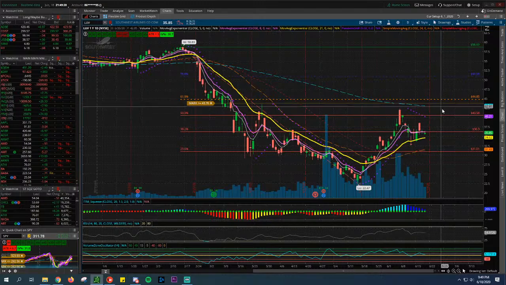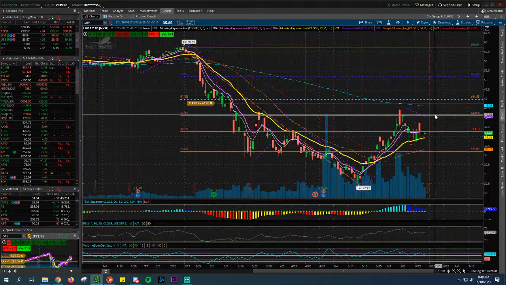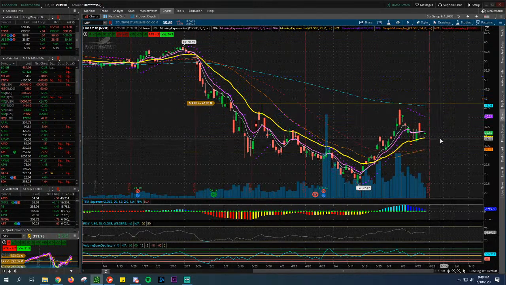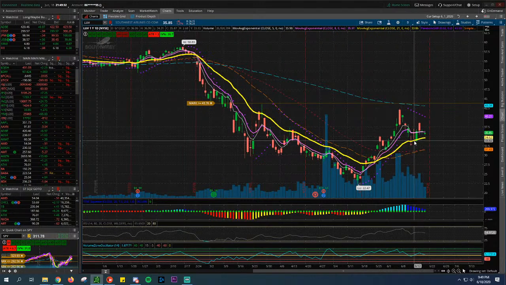That's potentially some really strong overhead resistance, even with the 50% at the 40 to 41 level as overhead resistance. For downward support, the 21 has been holding fairly well. Not to the T, because you see the tick going through it with the wick, but the 21 has been showing some strength there.